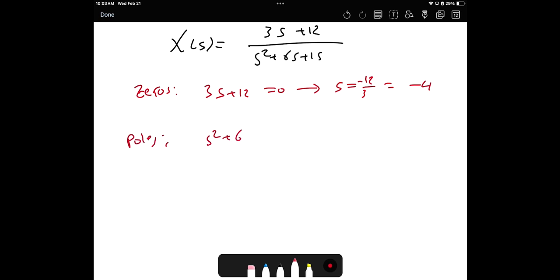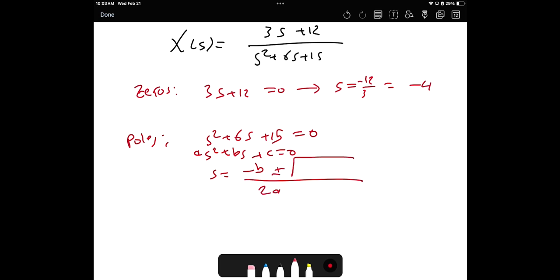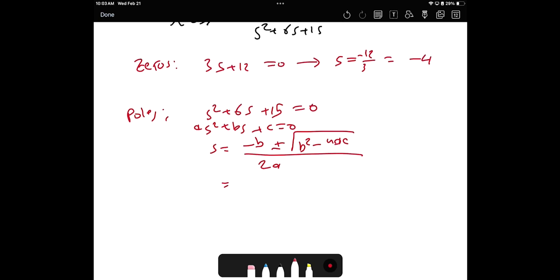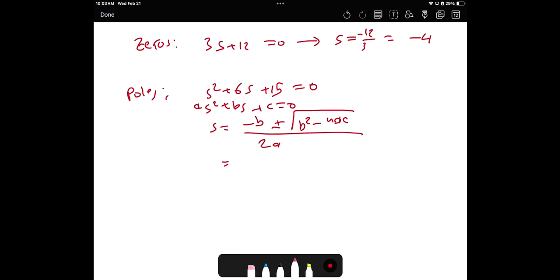While for the poles, s squared plus 6s plus 15 equals 0. This is a quadratic equation, like a s squared plus b s plus c equals 0. Therefore, s will be negative b over 2a plus or minus the square root of the discriminant, b squared minus 4ac. Now we can substitute a as 1, b as 6, c as 15.